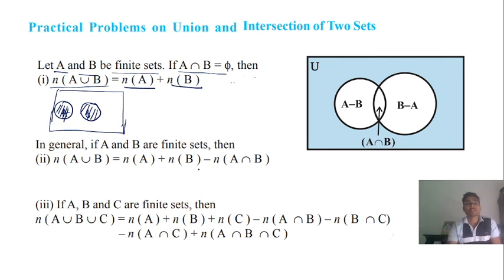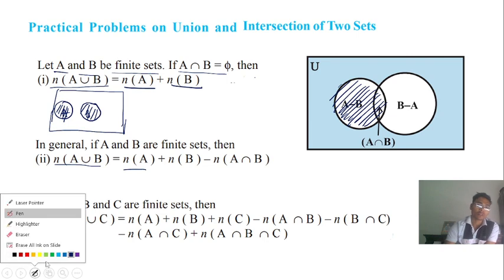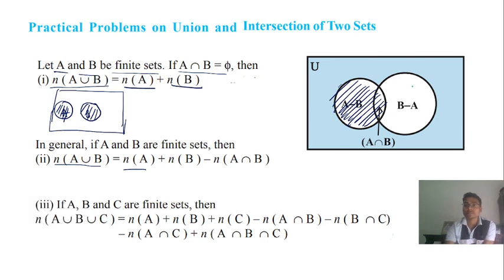The second case can be generalized and written as follows: the number of elements in A union B is the number of elements of A, then the number of elements in B, and while we add these two, as you can see, we have counted the center region twice. So we have to subtract this inside portion once.